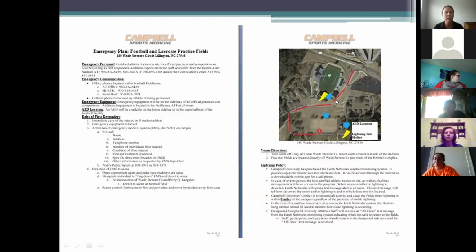All right, so here's an example of the EAP for the football and lacrosse practice fields. However, the EAP for the actual football field, the main football turf field, is different than this one, has a different map, and an ambulance would enter that field differently than they would the practice fields. So it's important to know your EAP for the sites that you are using.